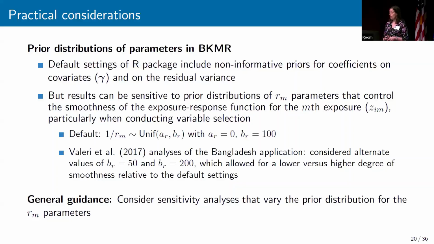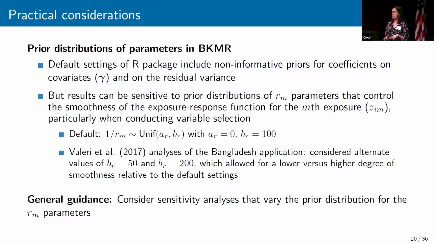But I do want to acknowledge that results can be sensitive to the prior distributions of those r_m parameters. Recall that there's an r_m for each pollutant m, and those control the smoothness of the exposure response function as a function of that exposure. And so, especially when you're conducting variable selection, you'll want to consider different priors.